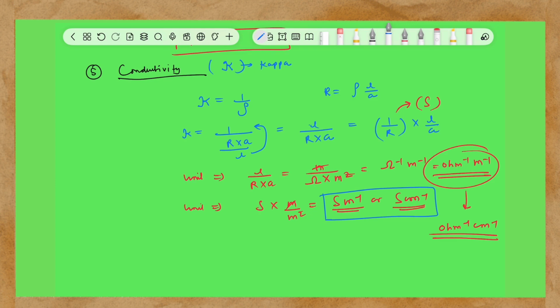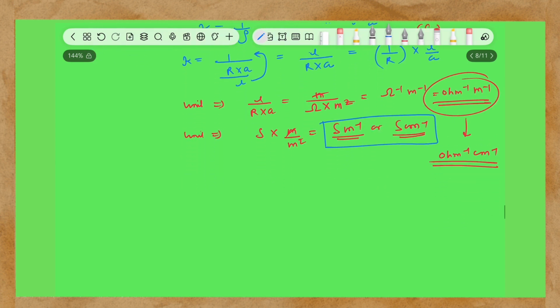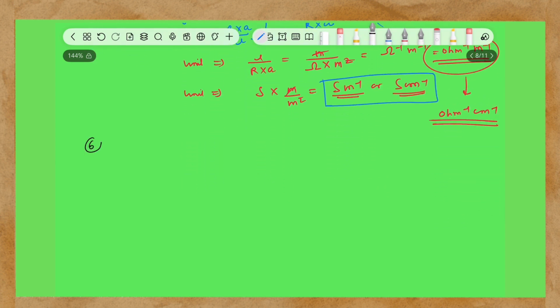Now moving to the next formula, that is molar conductivity. This is our sixth formula. How do we define it?